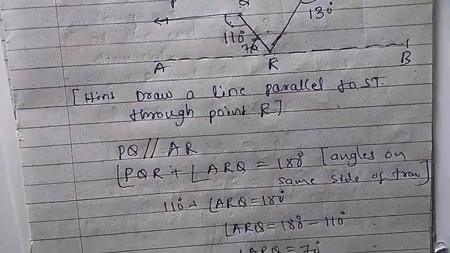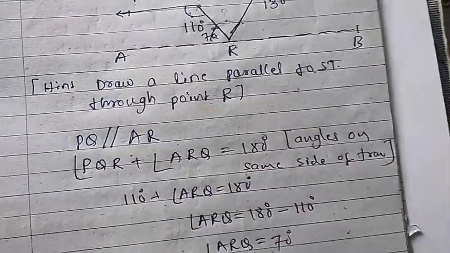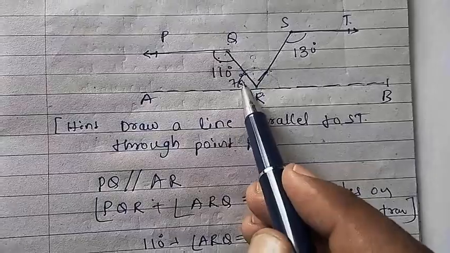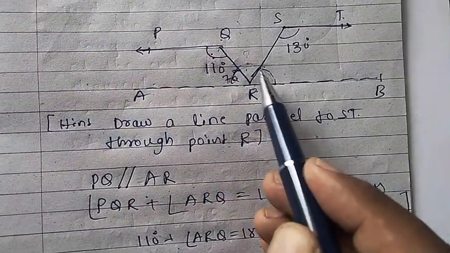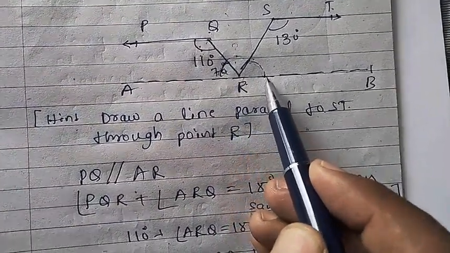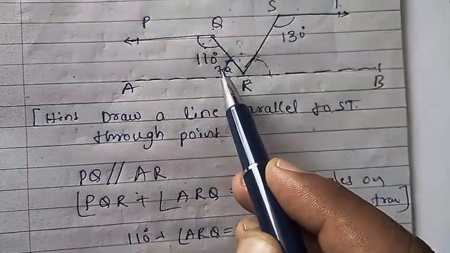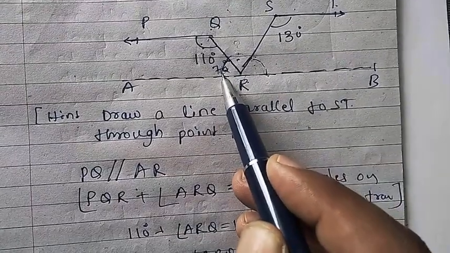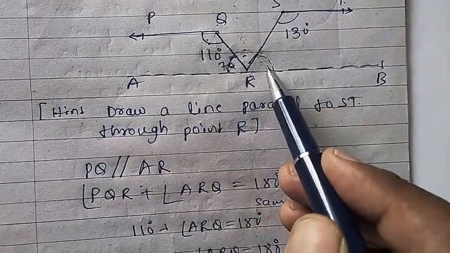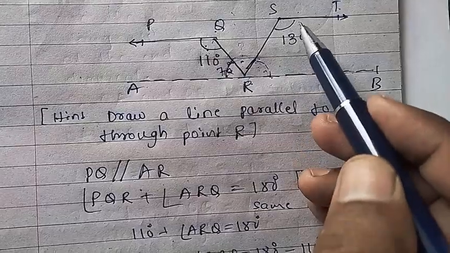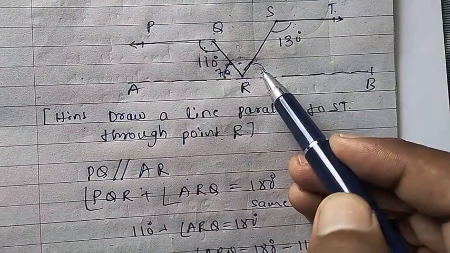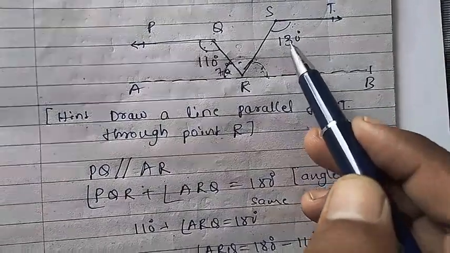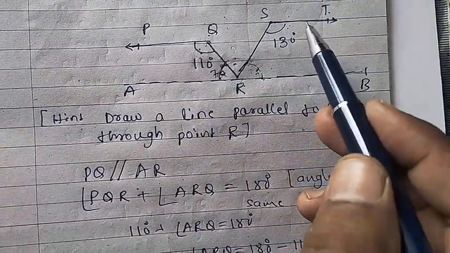Now come to the next angle. You can't find this angle directly. If you know these two angles, then the total of the three angles is 180 degrees, so you can do 180 minus these two angles and get this angle. This is 70 degrees. One more angle you have to find, because one angle you know. This angle plus this angle again gives 180 degrees, because this is a transversal and these two lines are parallel. The sum of the interior angles on the same side of the transversal is again 180 degrees.